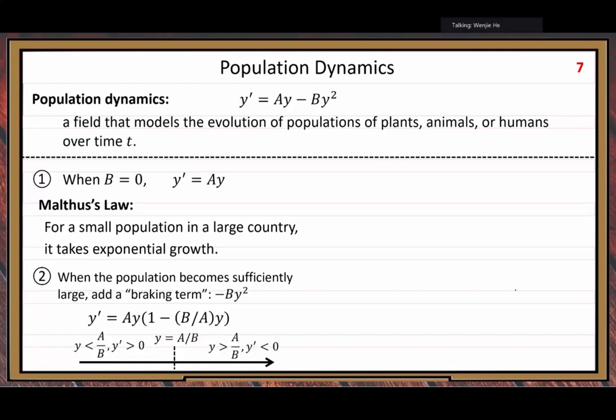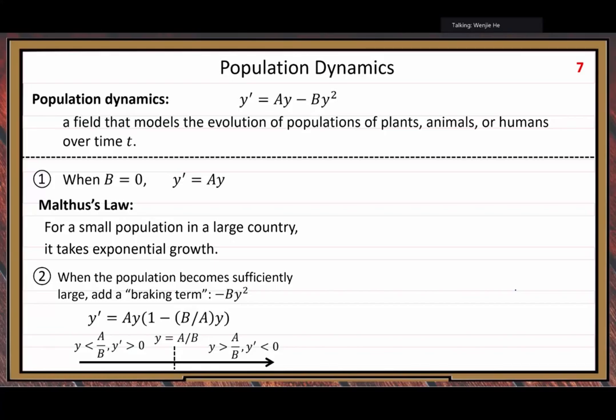Then at the right-hand side, when y is greater than this constant, this parenthesis is negative. So the derivative is negative, so the population is decreasing. Y prime is negative, the population keeps getting smaller and smaller.